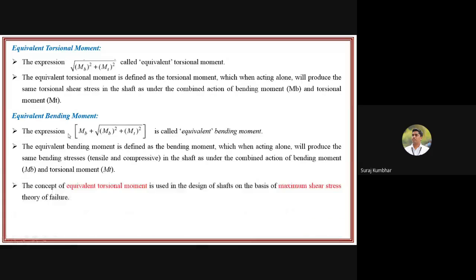So the concept of equivalent torsional moment is used in the design of a shaft on the basis of maximum shear stress theory of failure. And when do we use the equivalent bending moment?